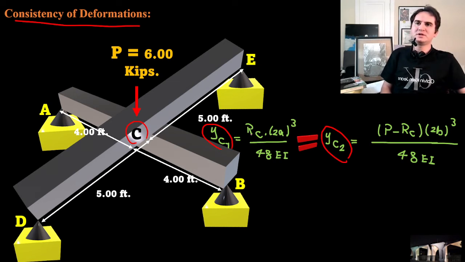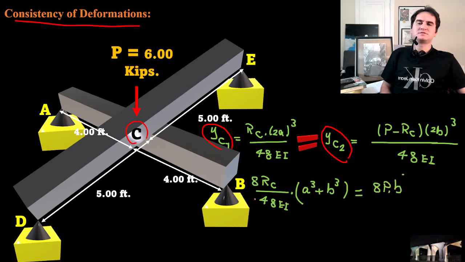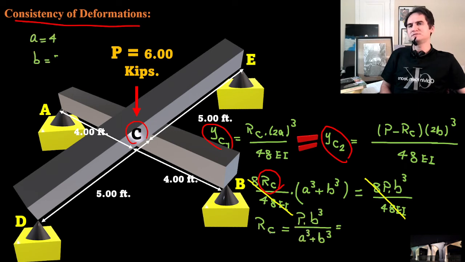If you equalize these two equations, it gives you an equation based on RC. If you solve it, RC is equal to P times B cubed over A cubed plus B cubed.